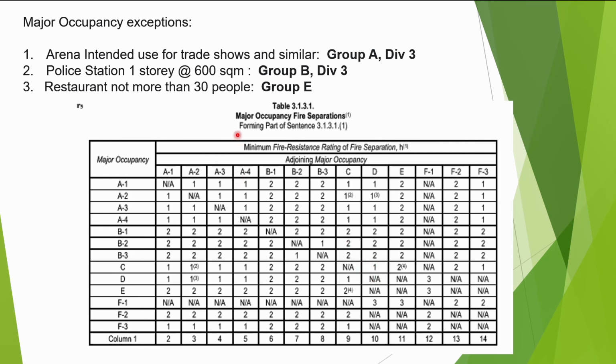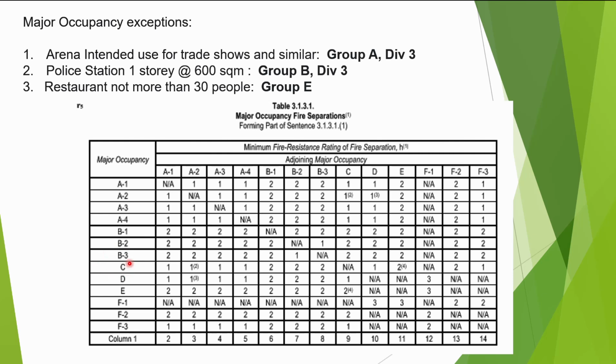As you can see, major occupancy fire separation. As mentioned earlier, these are the major occupancies. Now, as this goes down, each column and each row is an adjoining major occupancy.